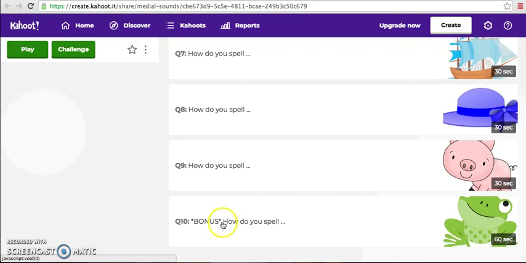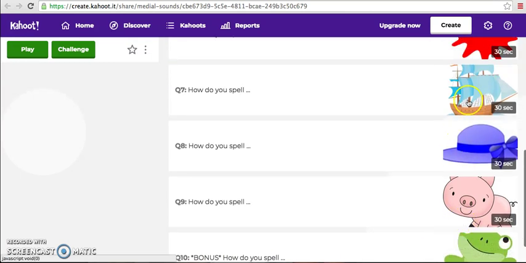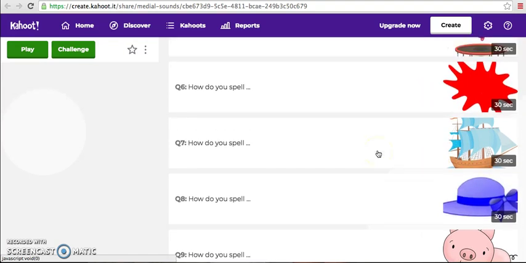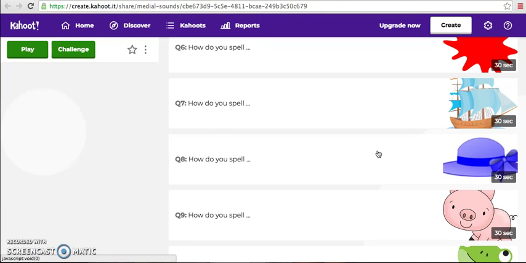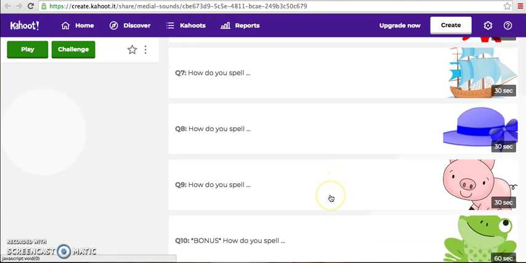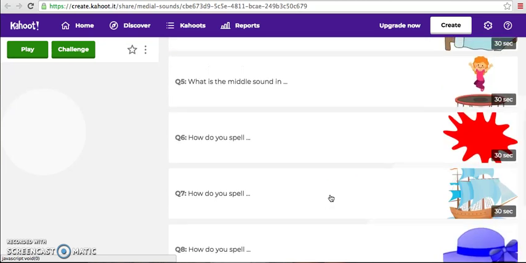Question 10, I tell them, is a bonus because they're using a blend when they're trying to spell the word frog. And the same with question 7, they're using a digraph, the SH, with ship. So that's something they're also being introduced to, but not necessarily being tested on right now. So they like to show off what they know by that.